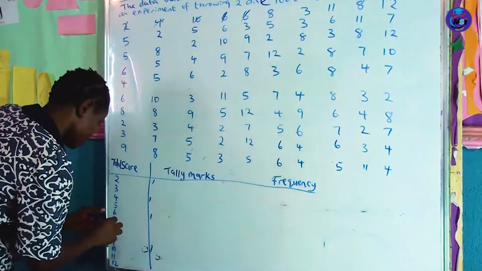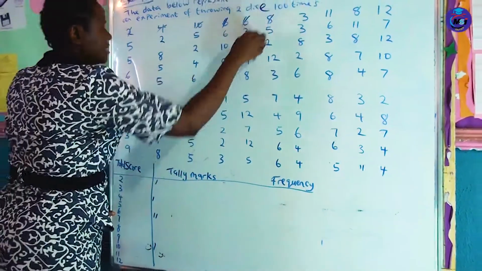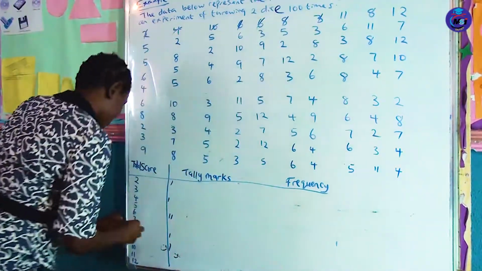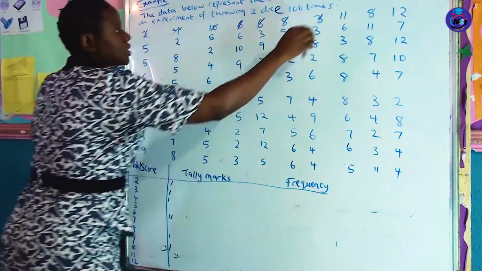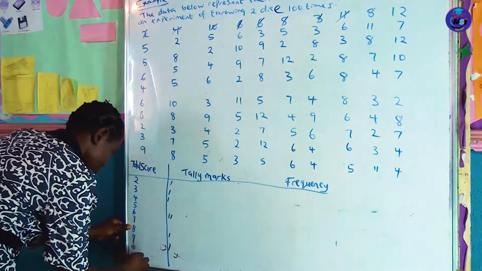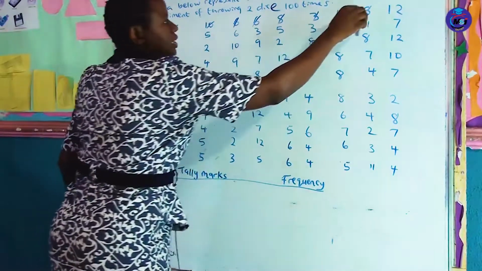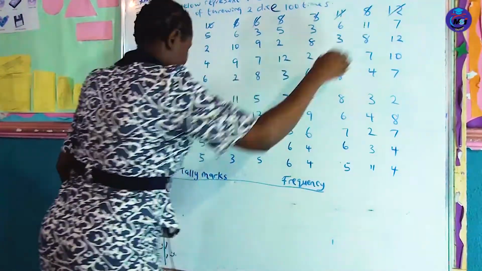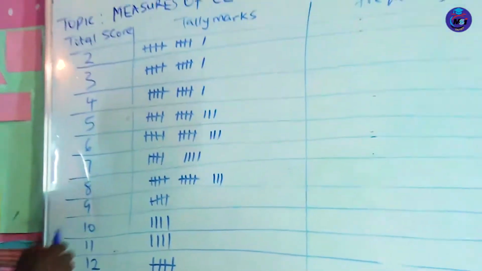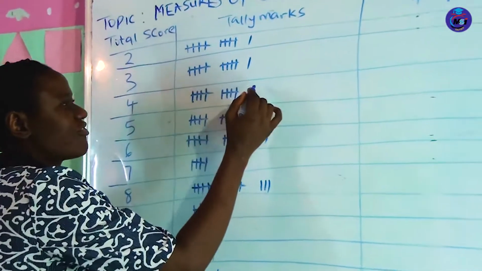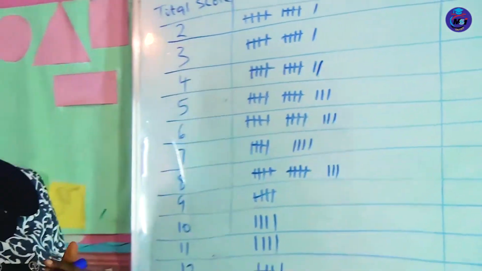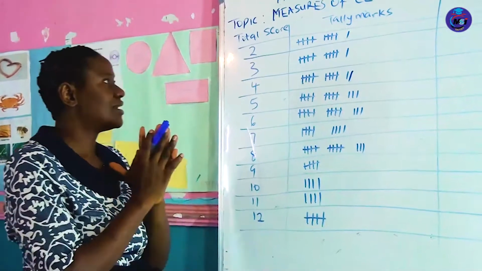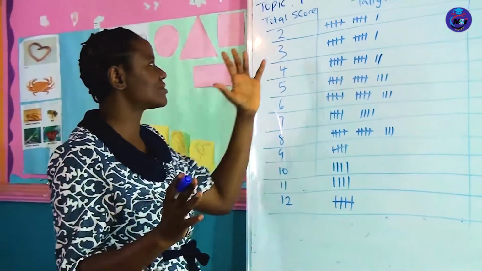Another 6. 8. 3. 11. Another 8. 12. Finally, the last number is 4. Good. We've succeeded in representing these 100 different scores in tally marks.